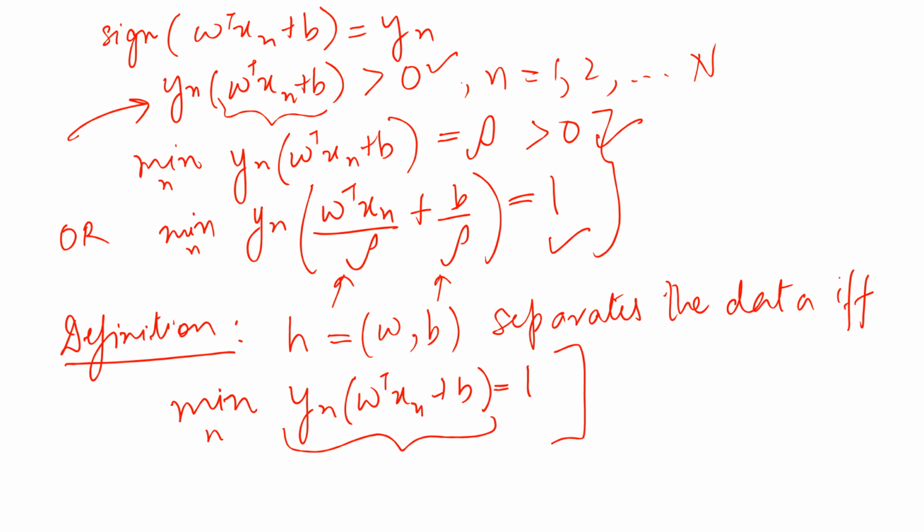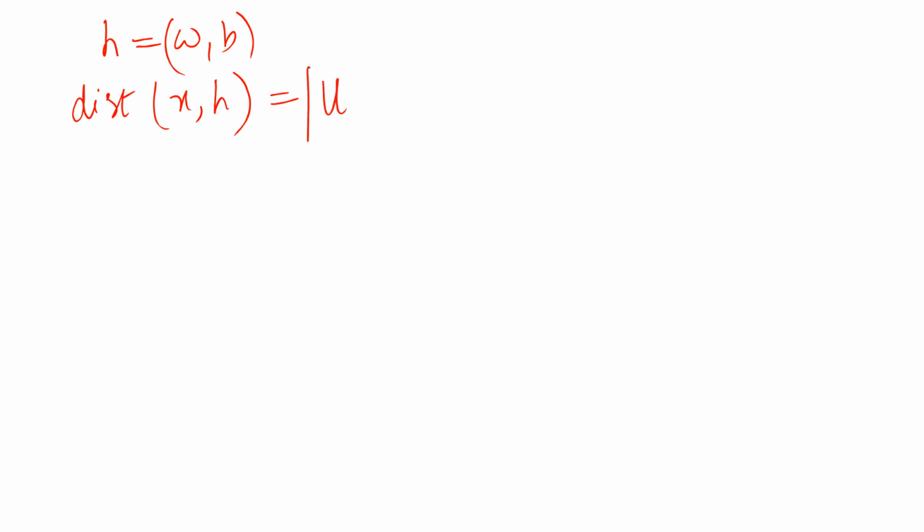So let's understand how we can compute the distance of a point x to the hyperplane H, which is defined by w and b. By definition, this is given by the absolute value of u, where u is the unit normal to the hyperplane, dot product x minus x1, where x1 is some point on the hyperplane.